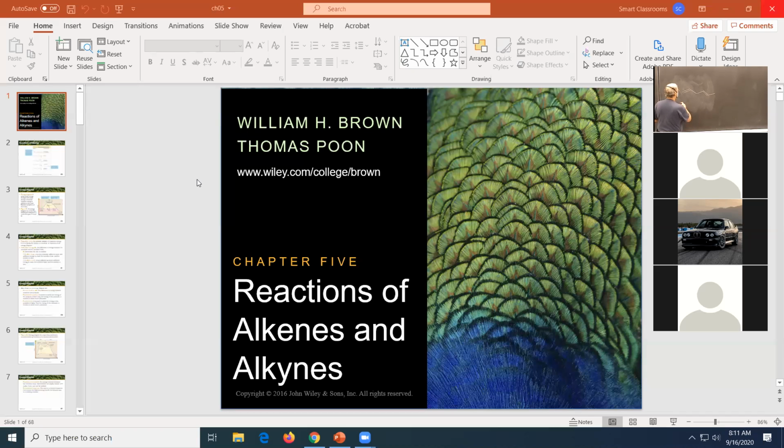Okay, so this is 1, 2, 3, 4. That's hexane. The double bonds are between 1 and 2 and between 4 and 5. So this is hexa-1,4-diene. Okay, diene, 2 double bonds. If we had 3 double bonds, it would be a triene.